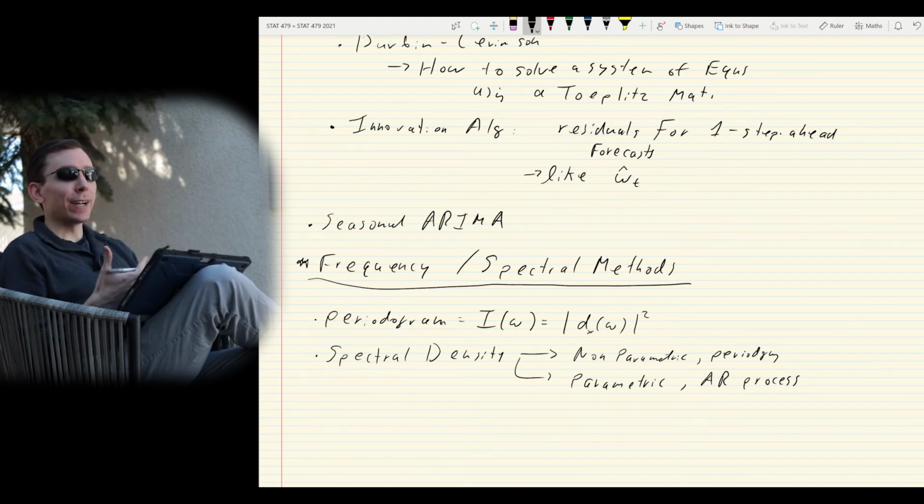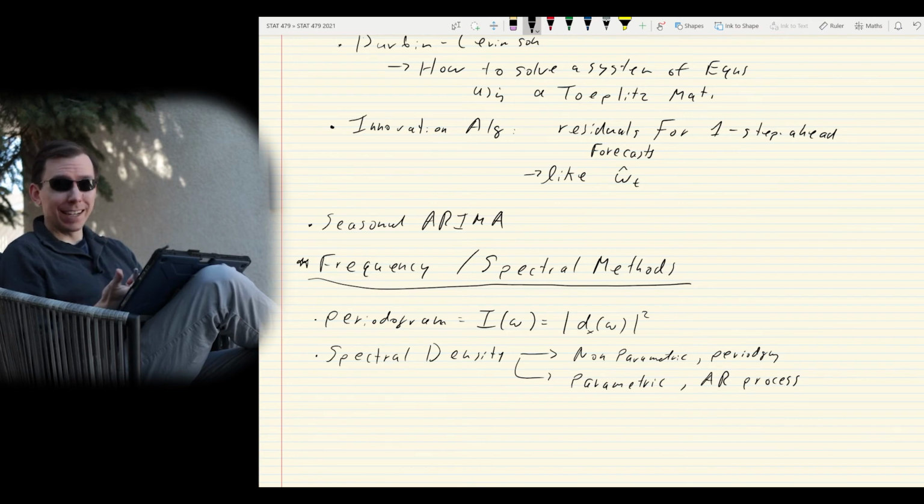So again, 2 different ways to look at estimating a spectral density. We could just compute the periodogram and use it, but that's not often the good way to approach it. What we can do instead is try different techniques for improving our estimation.